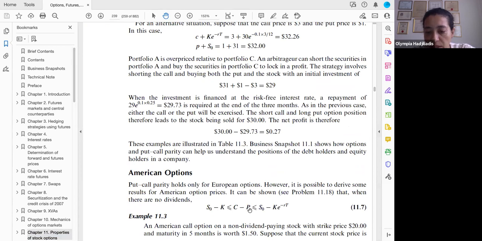Basically, it's an upper and a lower bound that refers to the difference between the American call and the American put. We see that the American call minus the American put is bounded below by S0 minus K, the strike price. And it's bounded above by S0 minus the present value of K, which is K e^(-rT).